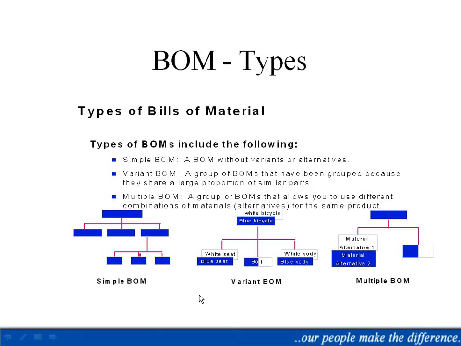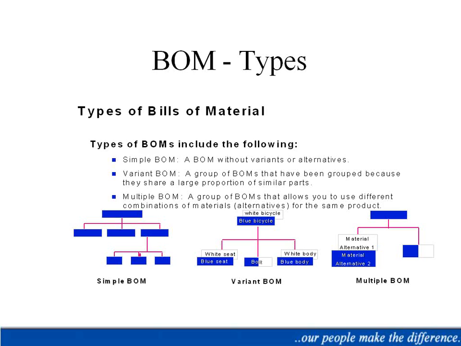Here my configuration is changing only the color, but the capacities and everything remain the same, right? But a Hero Honda in blue color is not the same product as a Hero Honda in red color. Will you agree with this? Even though it resembles the same, it is a totally different product altogether, right? Hero Honda red Splendor is a different product altogether, and Hero Honda Splendor blue is a different product altogether.